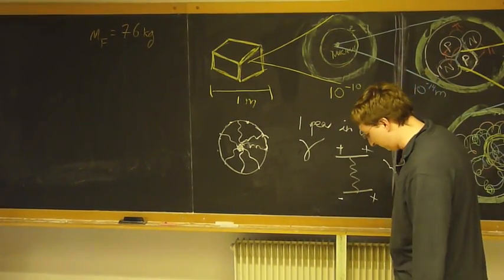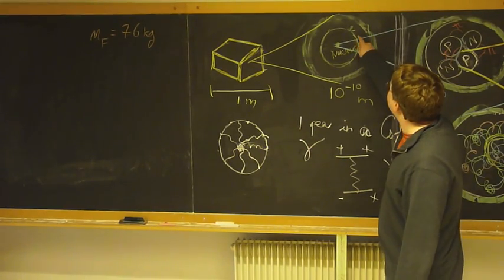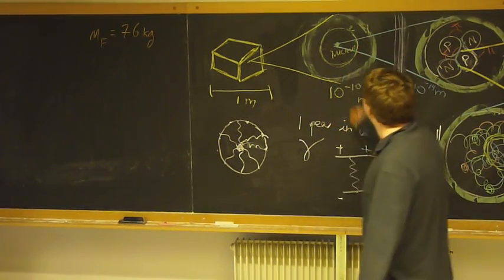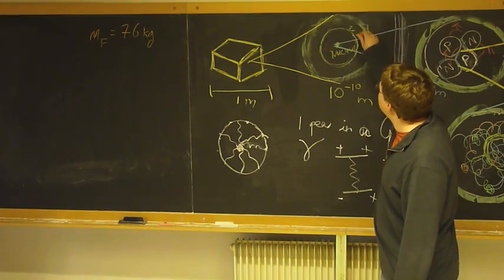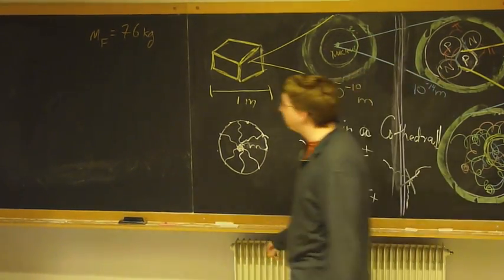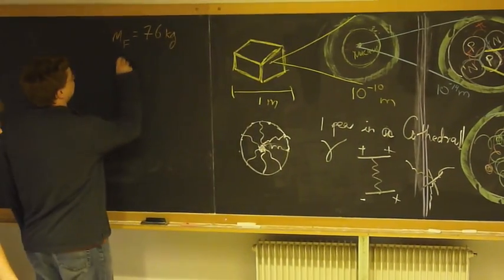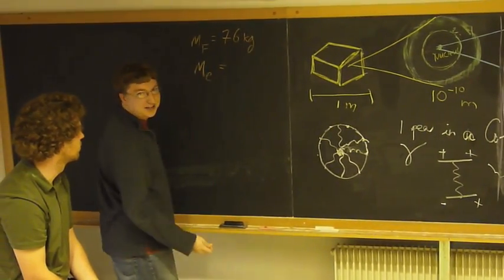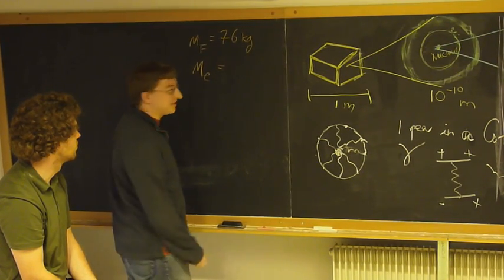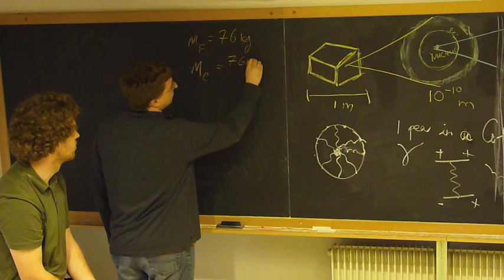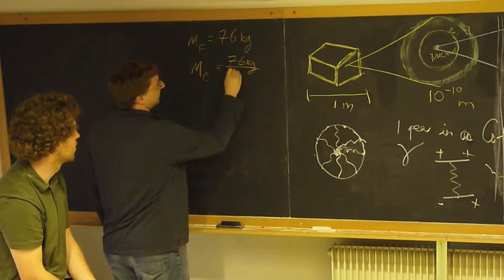Here in the atom, we have our electron. Well, maybe the mass is stored in the electron. Well, for the atom, the electron is only about 1 part in 4,000 of the mass. So for the mass held by the electrons, all the trillions of electrons in Frederick here, we take our 76 kilograms of Frederick.